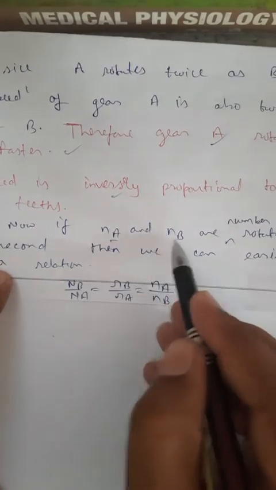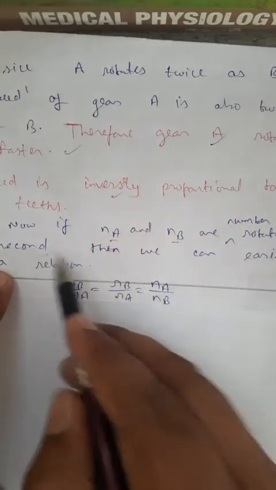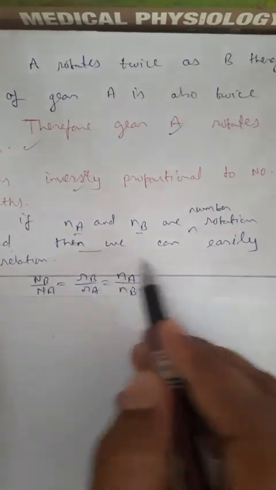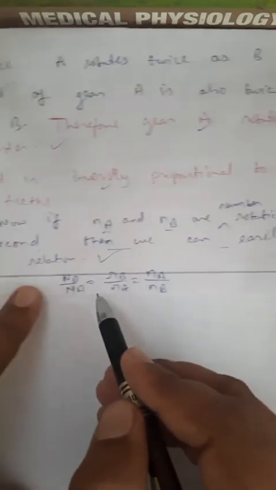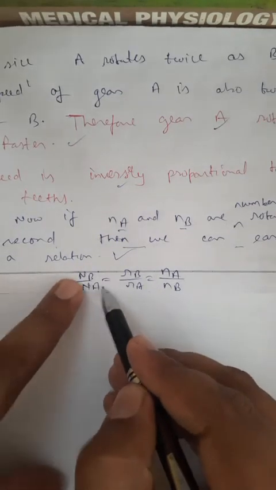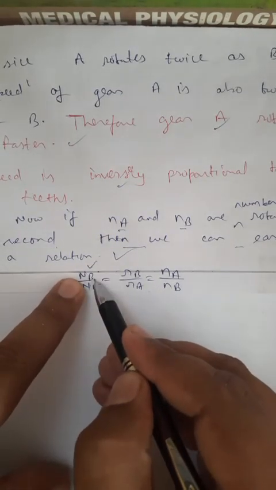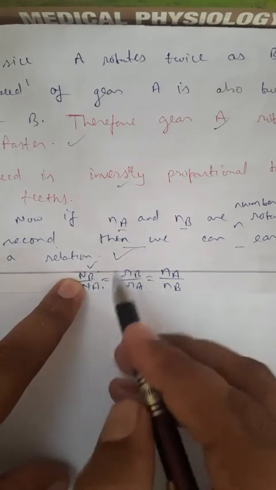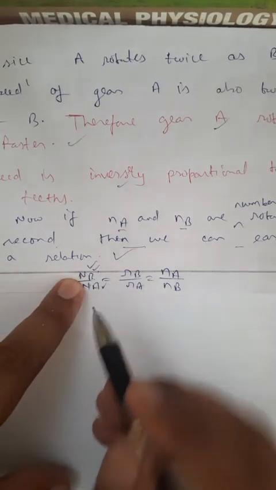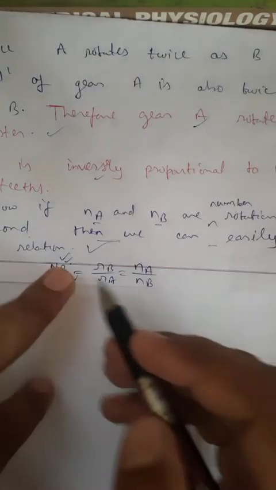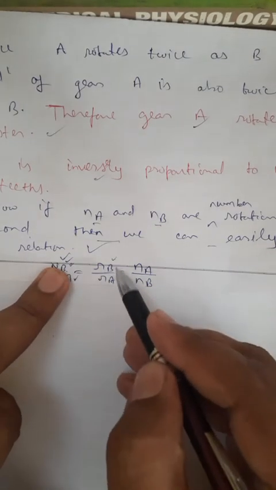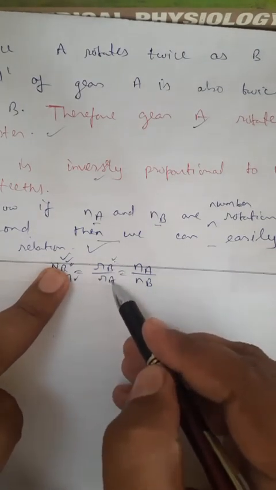Now if NA and NB are number of rotations per second, then we can easily make a relation. The relation is NB upon NA, with NB the number of teeth in gear B and NA the number of teeth in gear A. Since number of teeth are directly proportional to the radius, so RB upon RA.